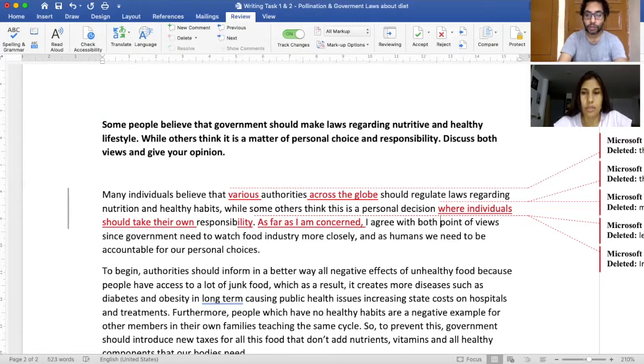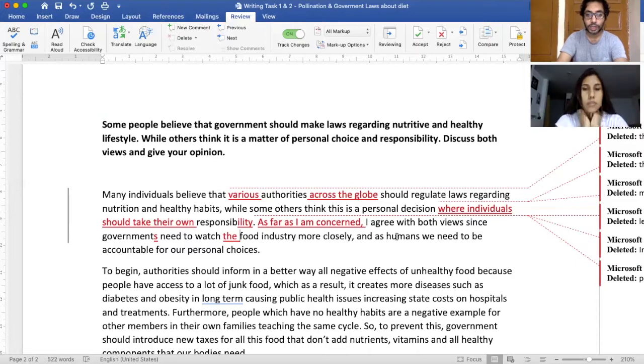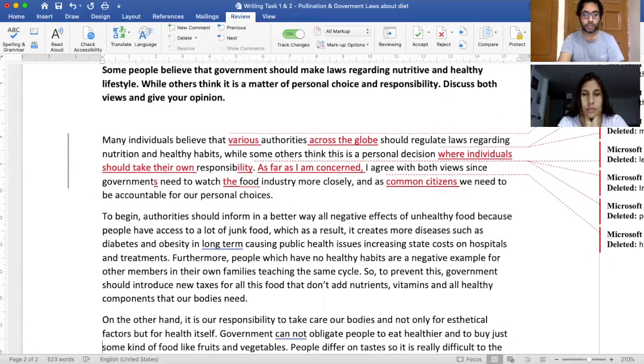Rather, both views. Governments, it's not only one. Governments need to watch the food industry, which is one industry. And as common citizens, we are all humans. We need to be accountable for our personal choices.